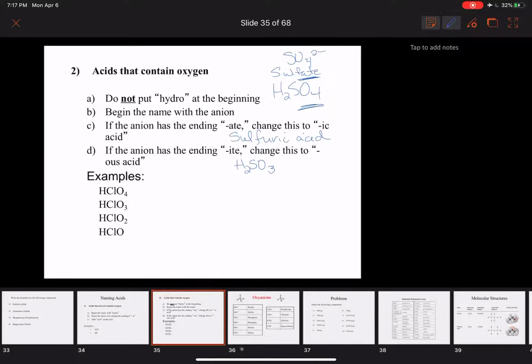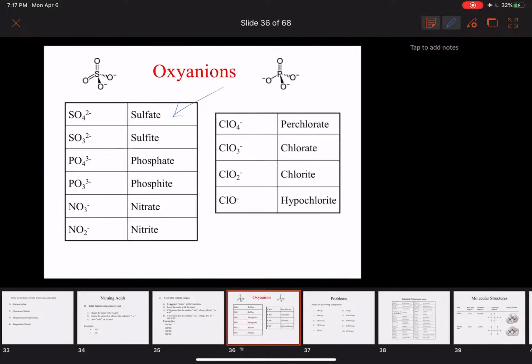And what we want to do is identify the anion. The anion should be a little bit obvious to you guys because we just did polyatomic ions and we just did one that looks very, very similar to sulfate. So this right here, if we write it in its ionic form, oops, that's a 3. It's the polyatomic ion sulfite.